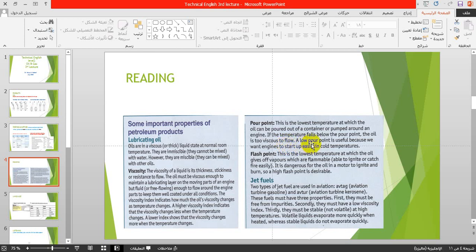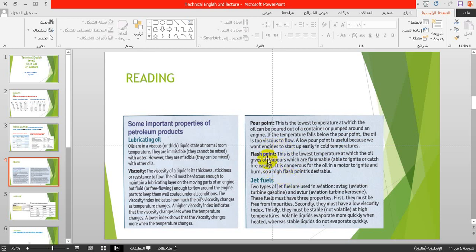A low pour point is useful because we want engines to start up easily in cold temperature, especially in cold weather.